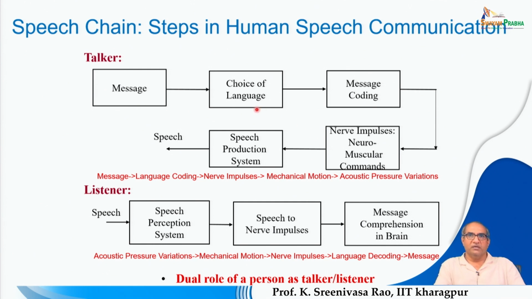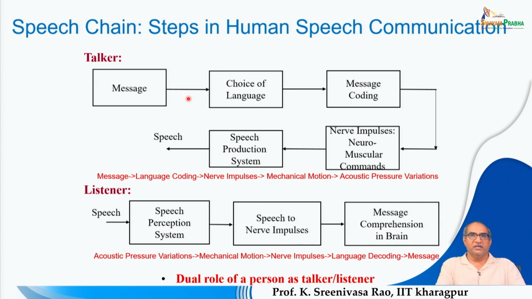As a talker, a person, when he wants to convey a message, then the human counterpart will be a talker, and from the message he picks a language based on the target listener, and then the message is nothing but a sequence of words. The corresponding neuromuscular commands will be issued to the vocal tract system or speech production system.